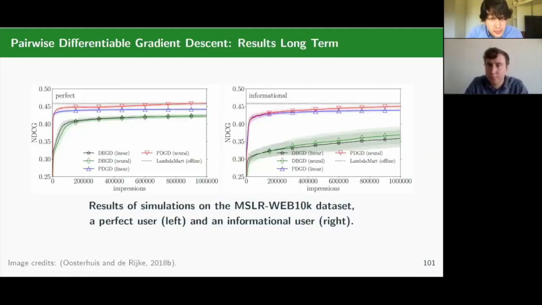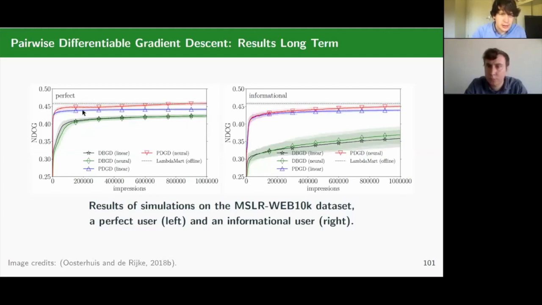If we now put this method in the plots that we saw earlier with dueling bandit gradient descent, we see something very different. So again, here I'm going to focus on the perfect setting where we have 1 million user queries. Here again, we have the dueling bandit methods, linear and neural, which look pretty much the same. Here was the oracle, but now I have two new lines.